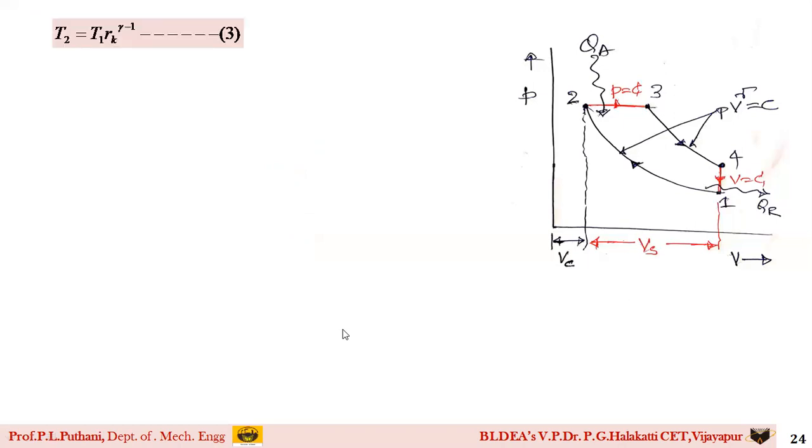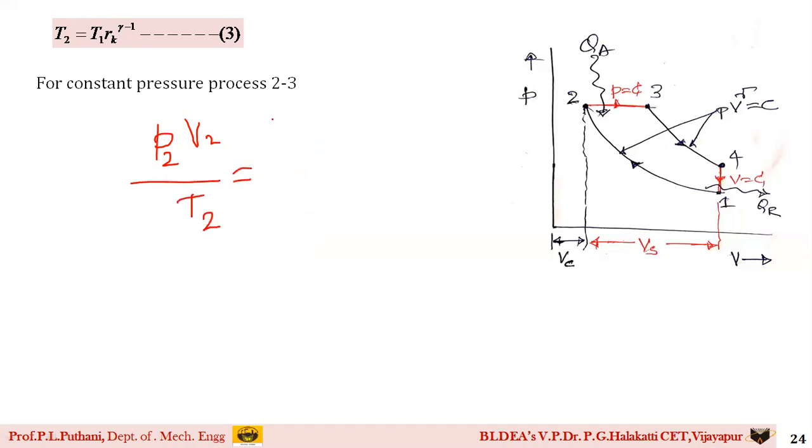Then moving to the second process, 2 to 3, students. So 2 to 3 is what? It is a constant pressure process. So for a constant pressure process, what is my general PVT relation? I write it like this: P2 V2 by T2 is equal to P3 V3 by T3.